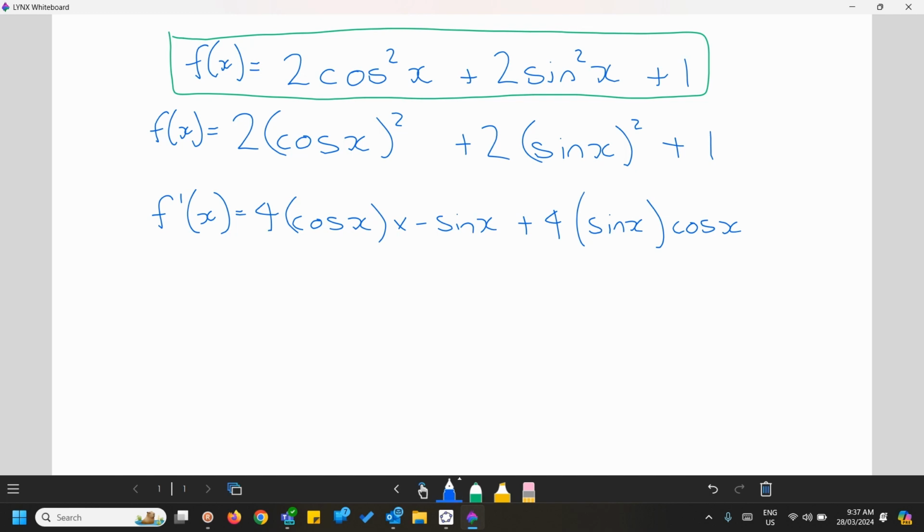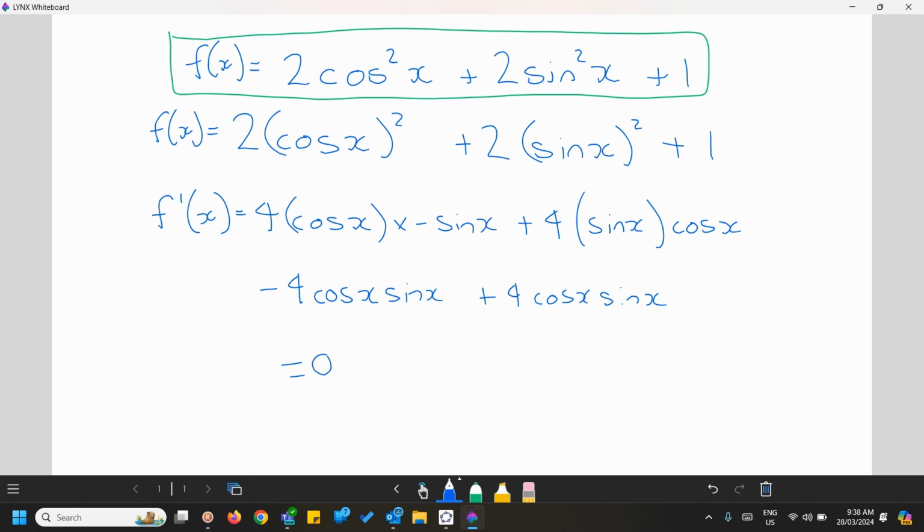If I just tidy this up a little bit, 4 cos x times minus sine x is minus 4 cos x sine x. And this one here is plus 4, I'll just put the cos first to make it more obvious, cos x sine x. If I've got minus 4 cos x sine x and then I add 4 cos x sine x, we end up with 0.